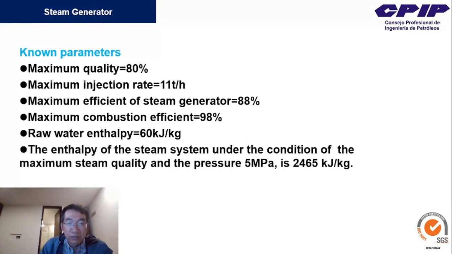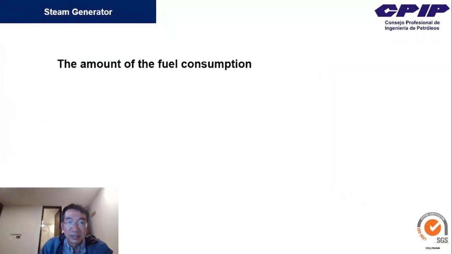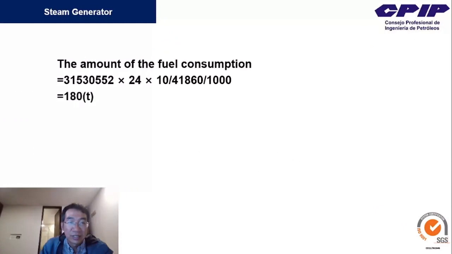The SV of the steam system under the condition of the maximum steam quality and the pressure is 5 MPa. Injection time is 10 days. And the fuel value is 41,000. Yeah, this is the answer. 180 tons.